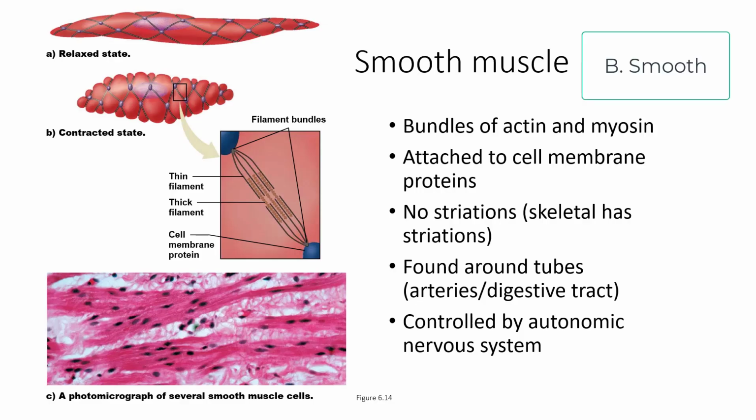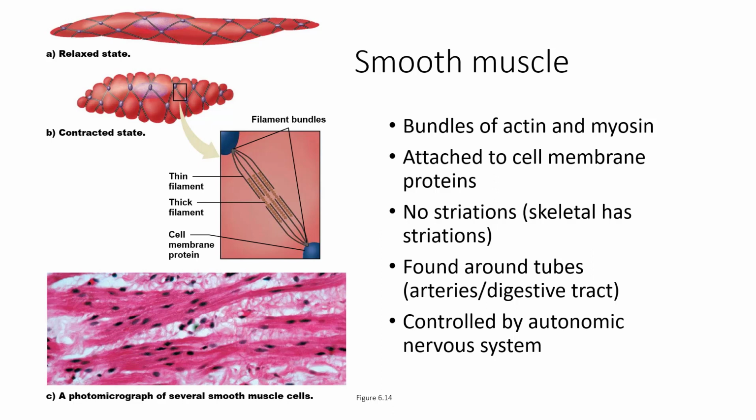Smooth muscle has bundles of actin and myosin. They're not striated, they're bundled. And these are attached to cell membrane proteins, causing a different shape of contraction. You can see the relaxed state and the contracted state look very different than how a skeletal muscle decreases in length. Smooth muscle is found around tubes, such as arteries in the digestive tract, and is controlled by a part of your brain and spinal cord called the autonomic nervous system.